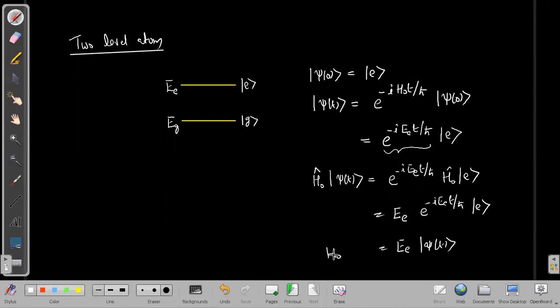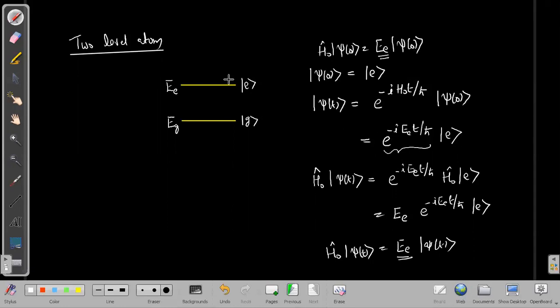Okay, so there is no change in the state. The state remains the same. So here also H0 acting on psi at 0 is the excited state energy times psi at 0. So there is no change in the energy.